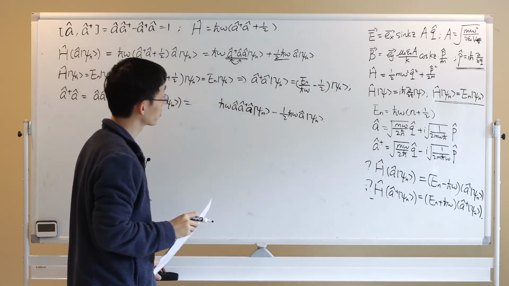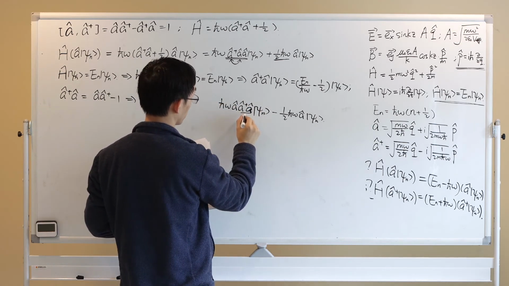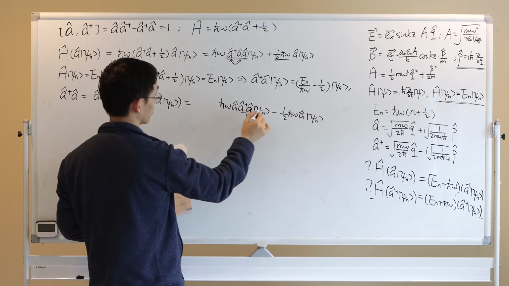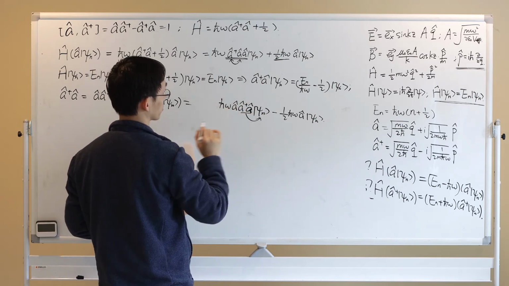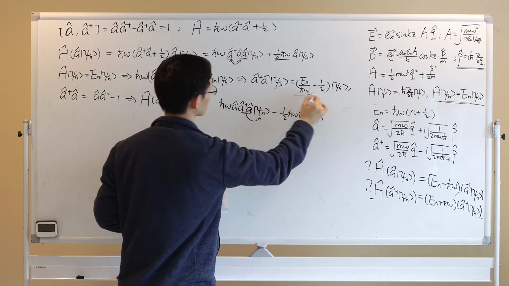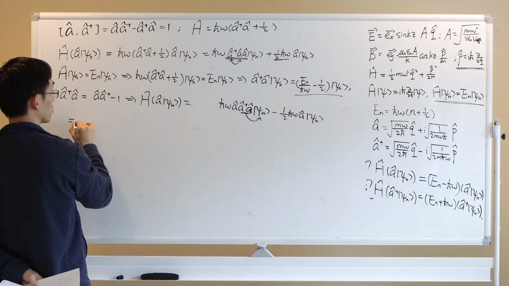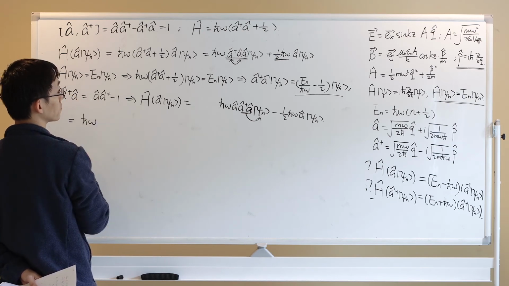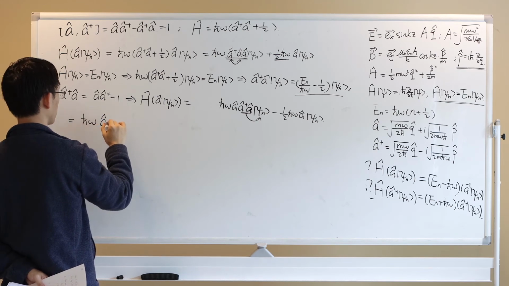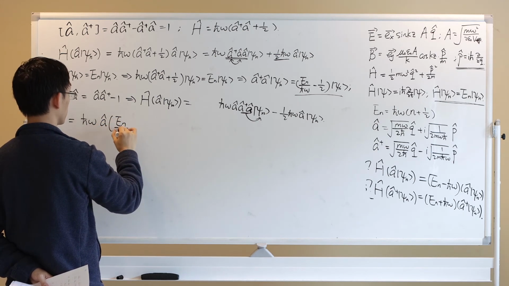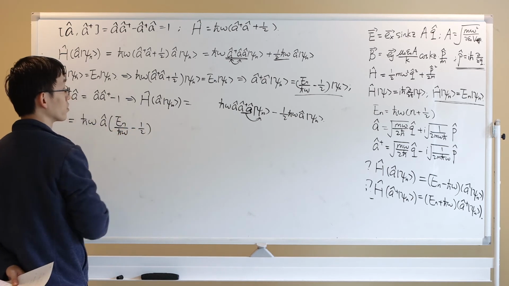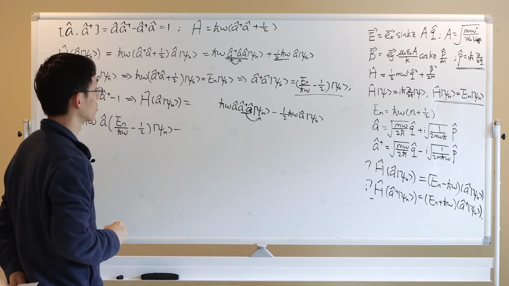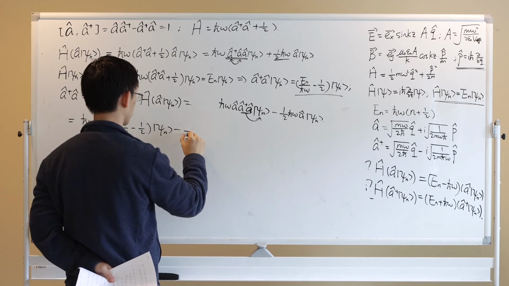Now you can use the relationship up here, because a dagger acts on psi n. These are operators, so you have to start from the right side. A first acts on this, then a dagger acts on this, and a acts on this. So these two acting on this give you this number. Then this equals h bar omega times a, and then your En minus h bar omega minus 1/2, minus 1/2 psi n.